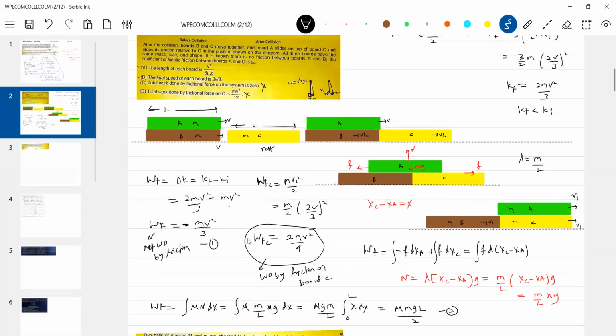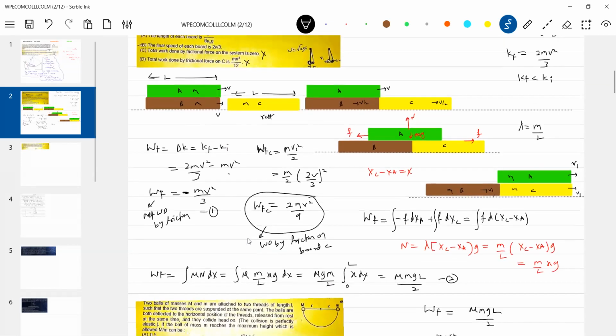Why did you equate with mv square by 3, sir? There is a net work done by friction. Friction does negative work on the plank A. First, an inelastic collision takes place. Because of that, there is relative motion and friction will act.